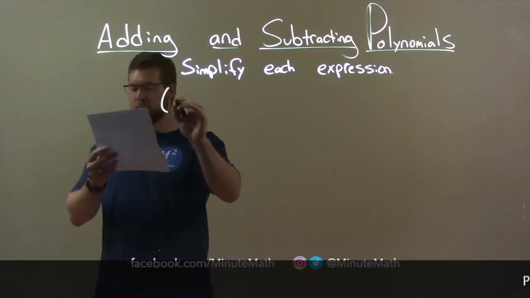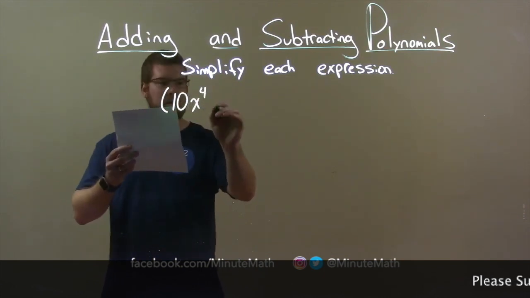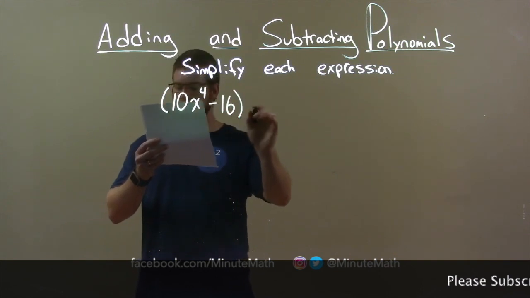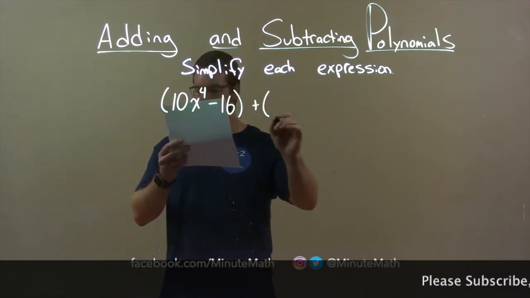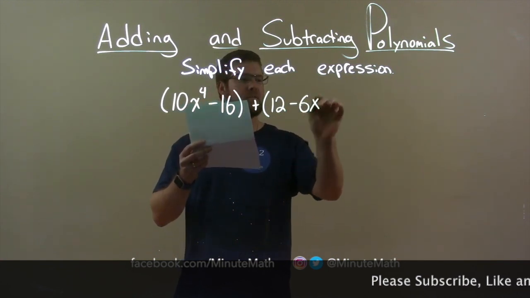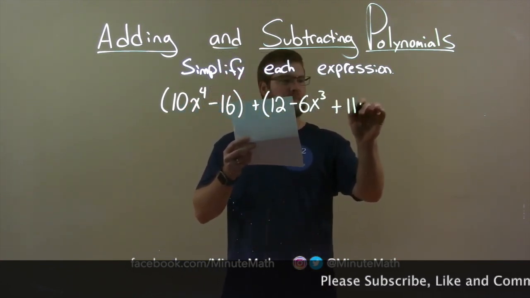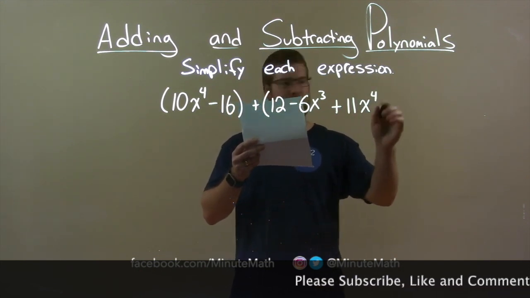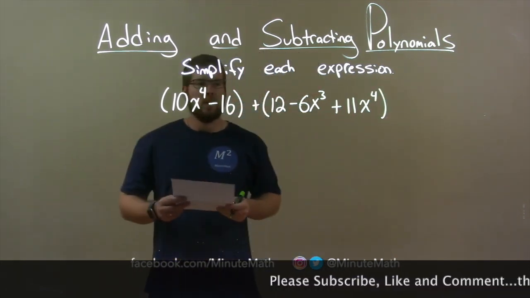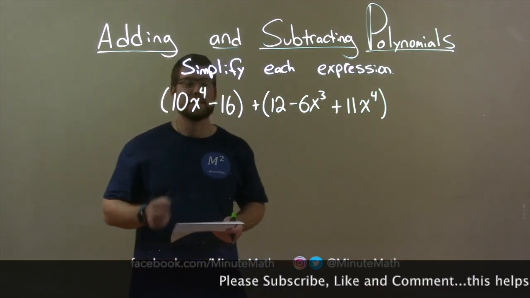10x to the fourth minus 16, plus, second parenthesis, 12 minus 6x to the third plus 11x to the fourth. All right? Well, I first look within each parenthesis and see if there's anything that I can simplify.